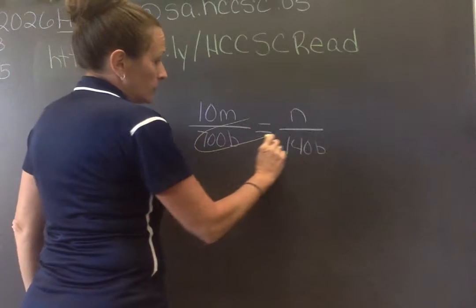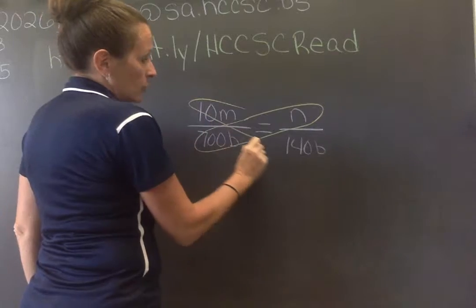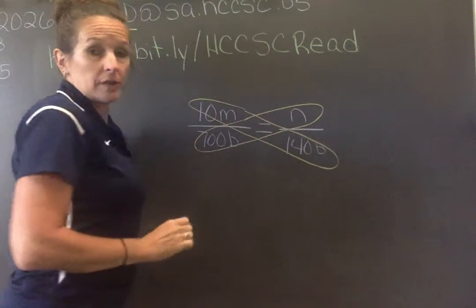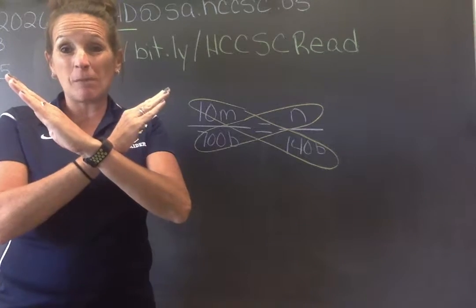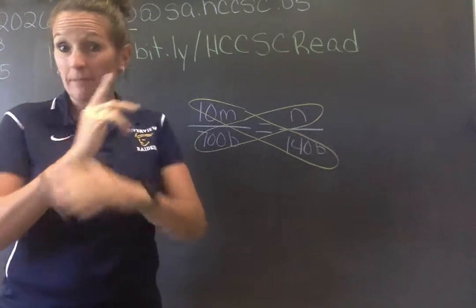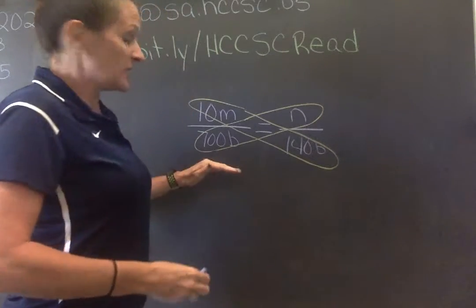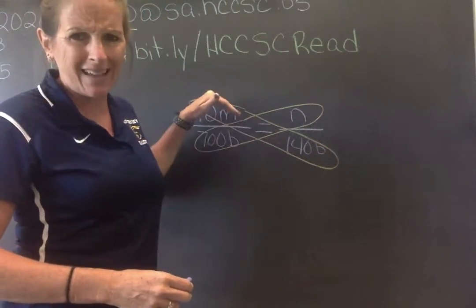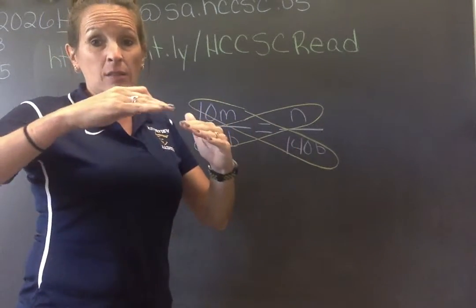That's a number, okay? After you set up your problem, you are going to draw butterfly wings. It's diagonal, circling these two, diagonal, circling those two, butterfly. The butterfly is in the shape of an X. The X tells me to multiply, all right? So I'm going to multiply. It doesn't matter which wing I work off of first, as long as I keep the numbers in the wing together.